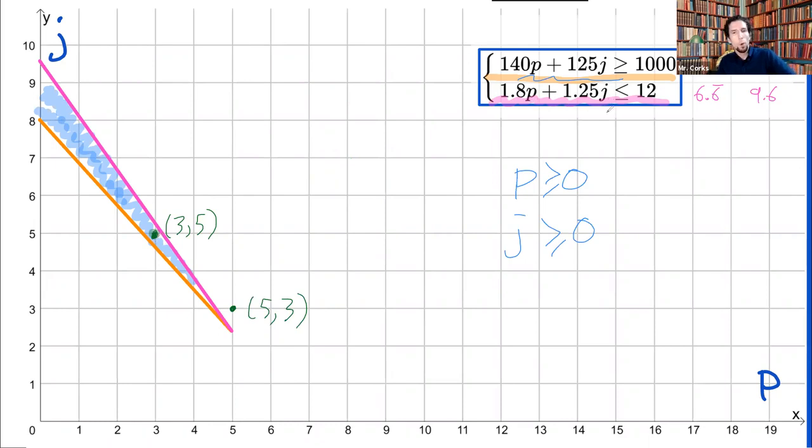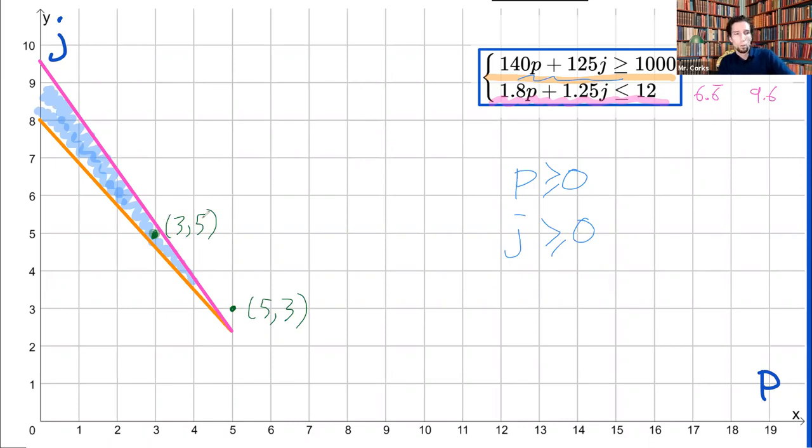So 2.4 J. If you walk into a convenience store and you tell them, I want to buy 2.4 bottles of juice, what will they do to you? They will kick me out. So that's not a valid solution. Just considering the math here, yes, but we apply this back to the real world context and then try to answer in that sense. So tell me other valid points here.